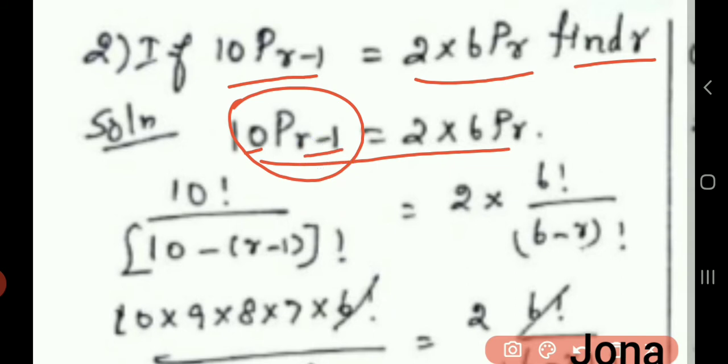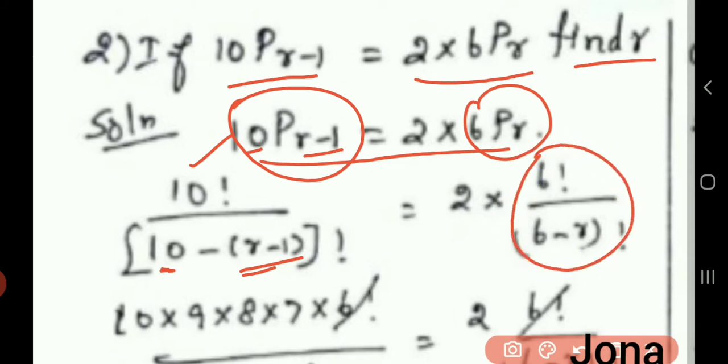So 10 factorial divided by (10 minus (r minus 1)) factorial equal to, on the right hand side, 6Pr. This 6Pr can be written in the same formula: 6 factorial divided by (6 minus r) factorial.